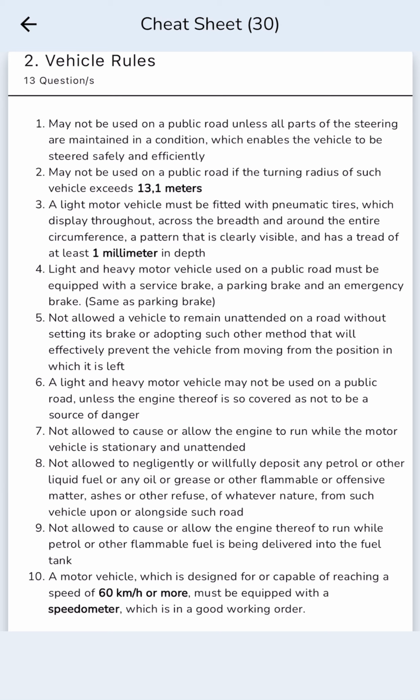So anything that is moving and has the capacity to reach at least 60 kilometers per hour must be equipped with a speedometer. In other words, anything that has a maximum speed of less than that will not need a speedometer. Okay, that's it.